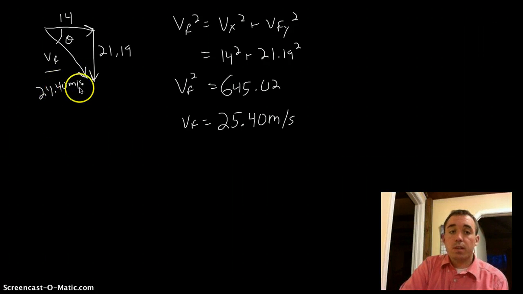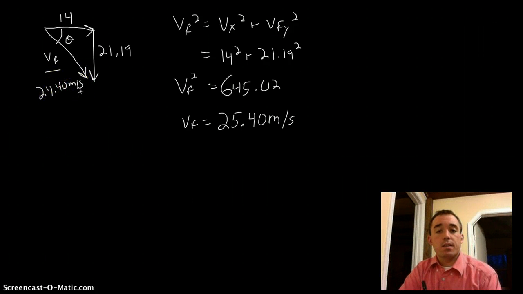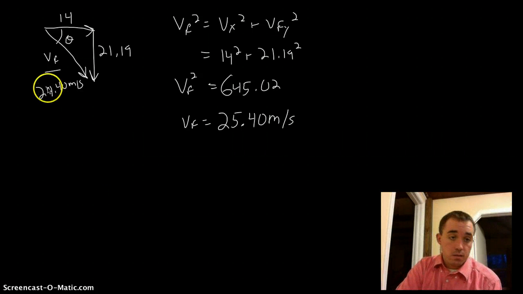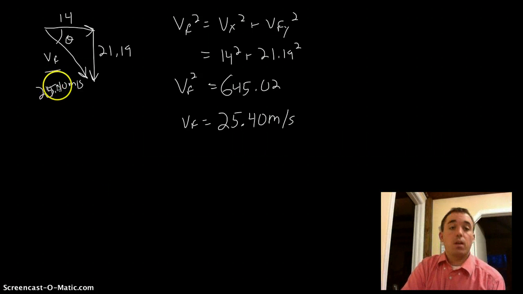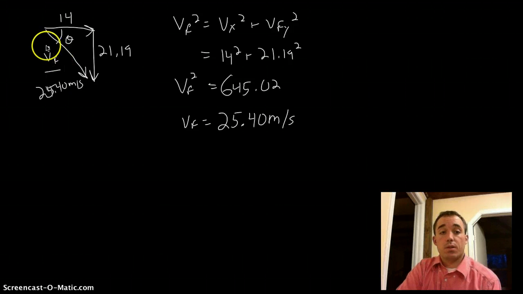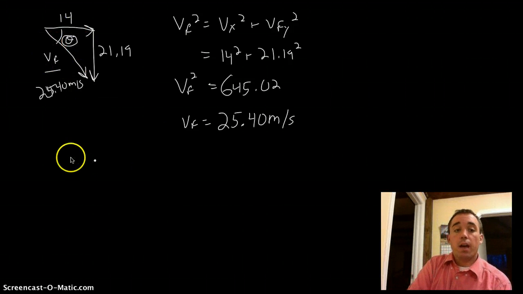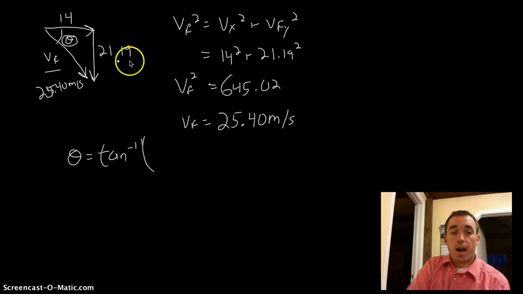Last thing we need to find: that is just this 25.40. That's only the speed though. Velocity is a vector, so it has a speed, which is the 25.40, but it also has a direction, which we have to find. And you know how to do that. Theta equals the inverse tangent of the opposite side of the triangle. Here's our angle, so on the very far side, 21.19, over the adjacent side of the triangle.